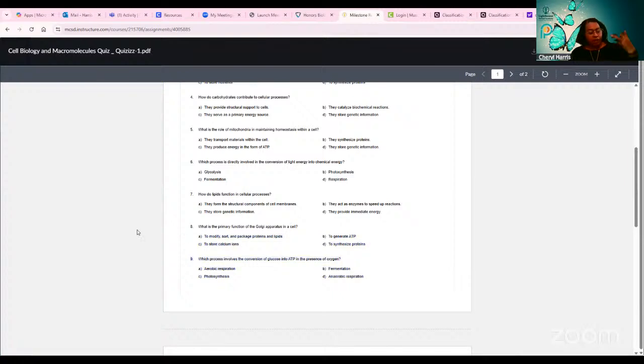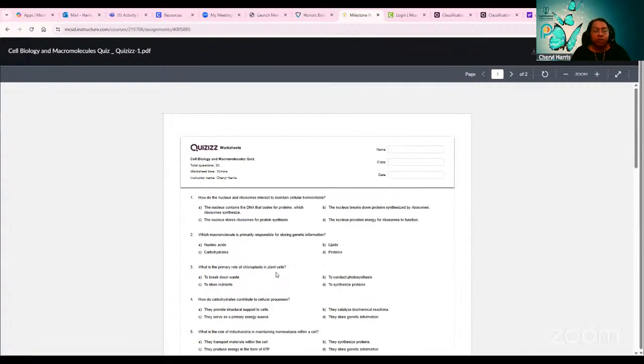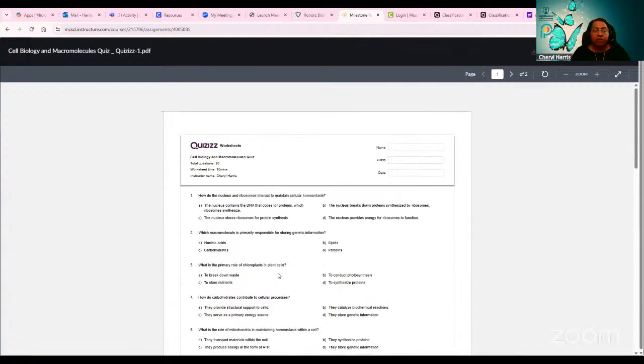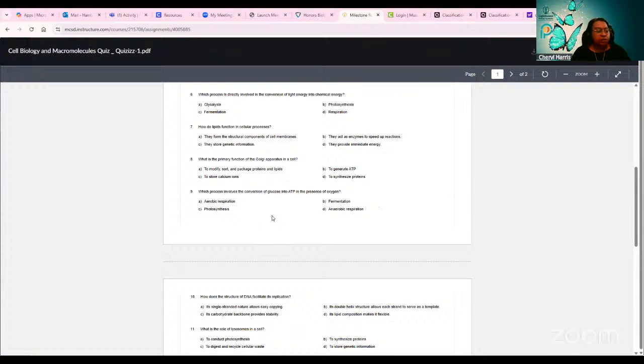And you kind of have to give yourself little names for all the organelles that help you remember what they do. All right. Number 9, yes, is A. The process that involves conversion of glucose into ATP in the presence of oxygen.